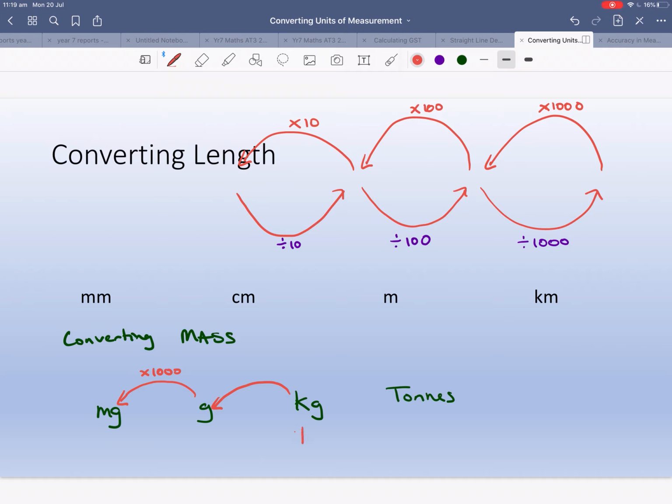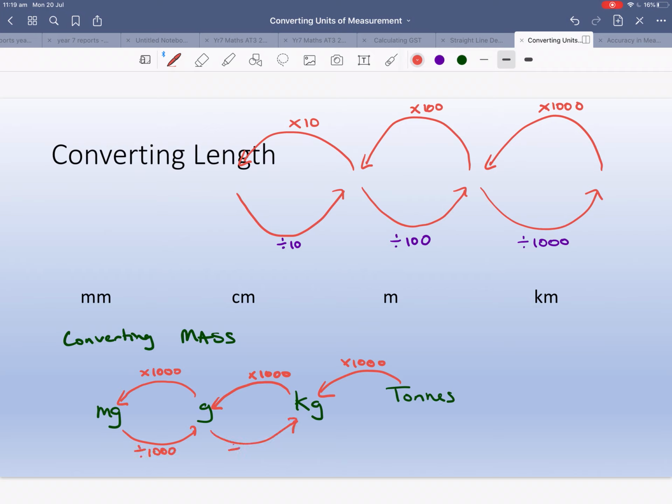Actually, kilo means 1,000. All right, that's what it means. But so we're going to multiply by 1,000. Make sure you write this down in a different place. And there's 1,000 kilograms in 1 ton. All right, which means that the opposite is true.